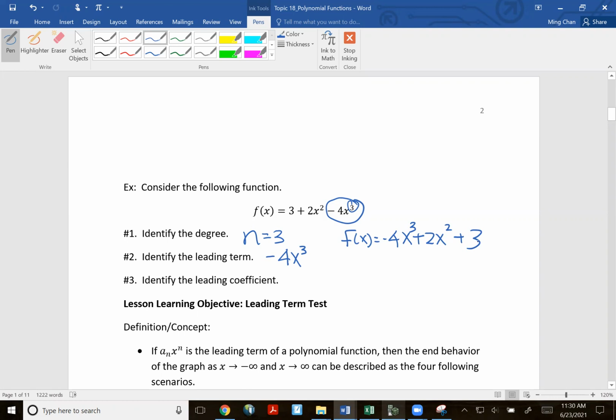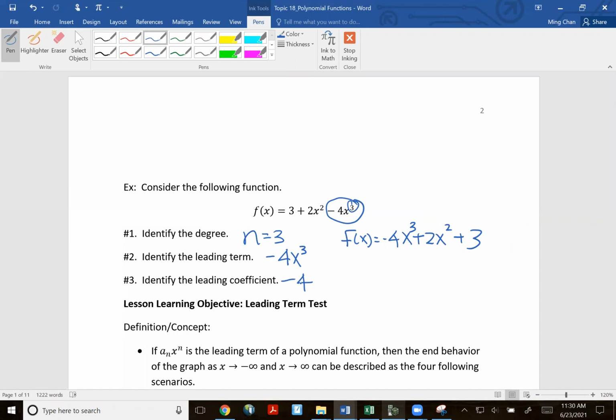And I hope y'all remember the constant term is always the last term. It seems like there's no x attached because it's technically x to the 0 power. Anything to the 0 power is 1, and 1 times 3 is still 3. That's why we don't write x to the 0 power. So we call the very last term, the one without the x, the constant term. The leading coefficient is the coefficient of the leading term, which is negative 4.